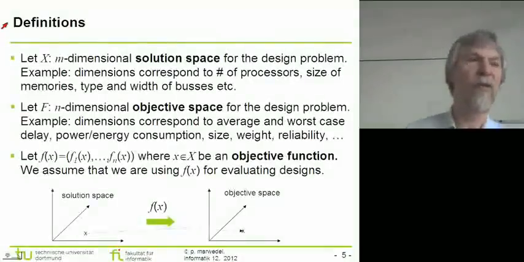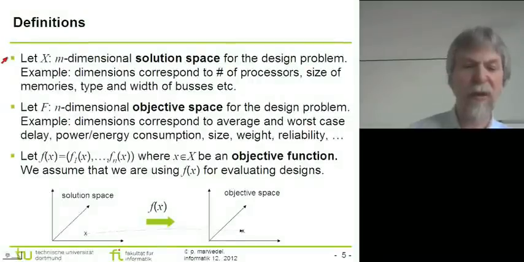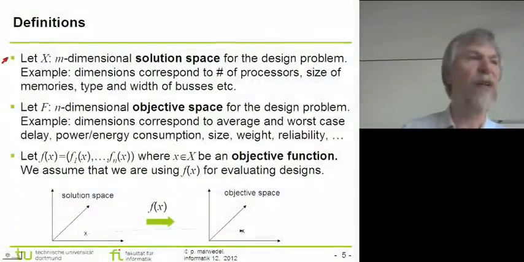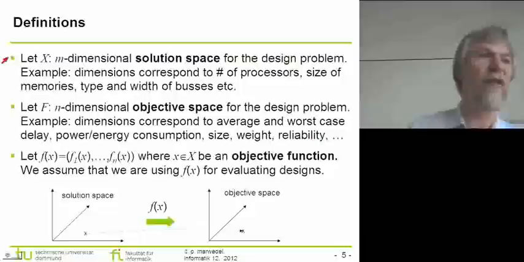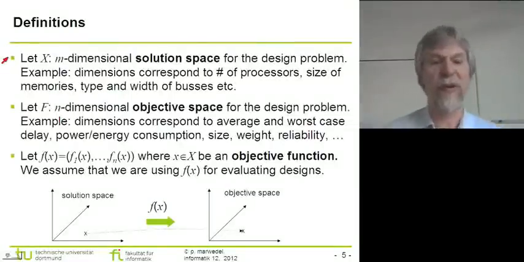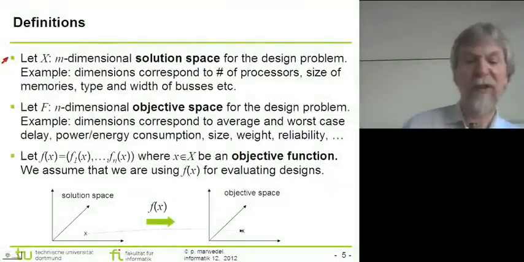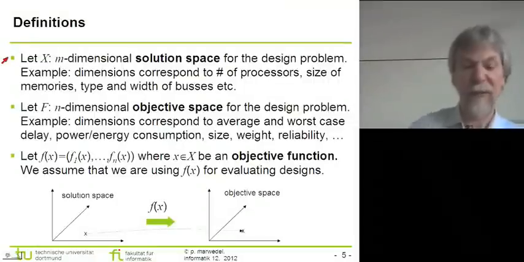In order to introduce Pareto optimality, I have to describe the different spaces that we're using there for comparing the different designs. More precisely, I have to define two different spaces that are important for a design problem. One is the solution space and the other is the objective space.